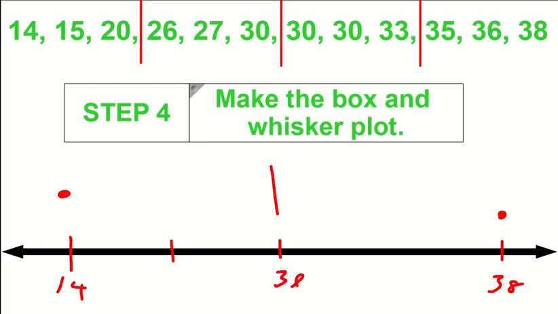What's my lower median? 23. It's between 20 and 26, so that makes it 23. Upper median? 34. Yeah, between 33 and 35 is 34.